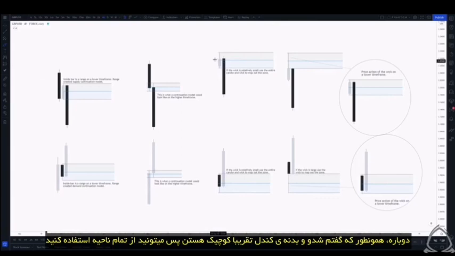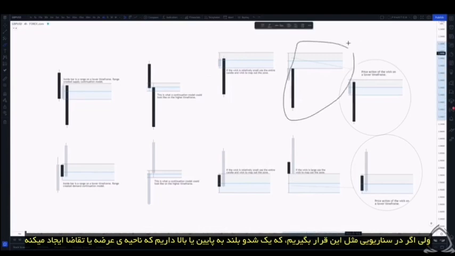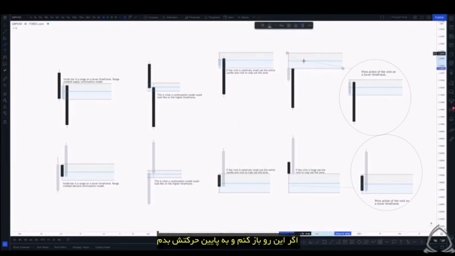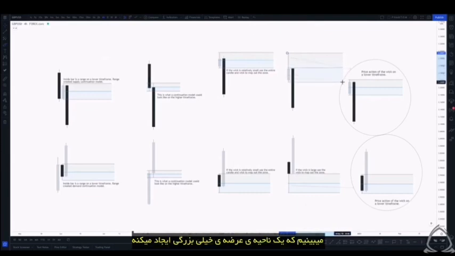Again, the candle body and wick are relatively small, so you can use the entire zone. But if we get into a situation like this, where we have a very large wick on either the downside or the upside that creates a supply or demand zone, if I just unlock this and move this to the downside, what we can see is that ends up creating a very large supply zone.